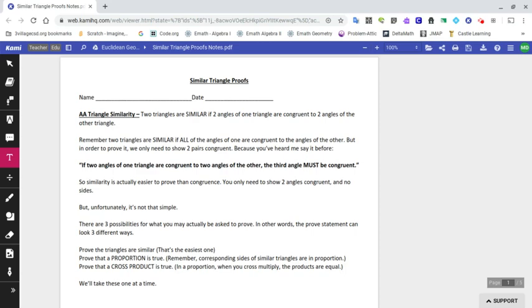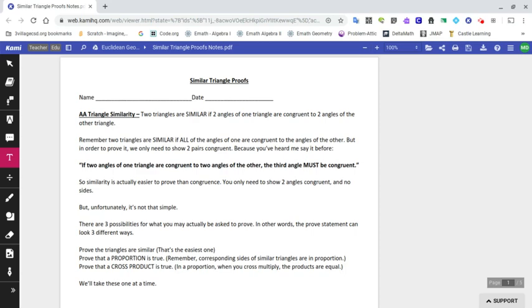So in a case like that, they give you the proportion and ask you to prove the proportion. And the third one, the cross product is true. You know that when you have a proportion, the way we solve it is we cross multiply, so the products diagonally are equal to each other. We're going to see each one of those proof statements, and I'm going to show you how to handle each one of them.